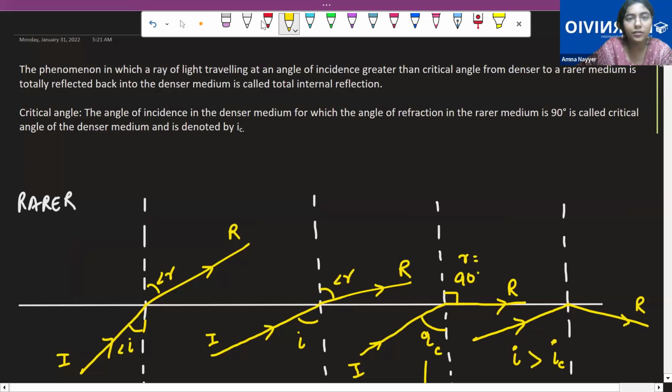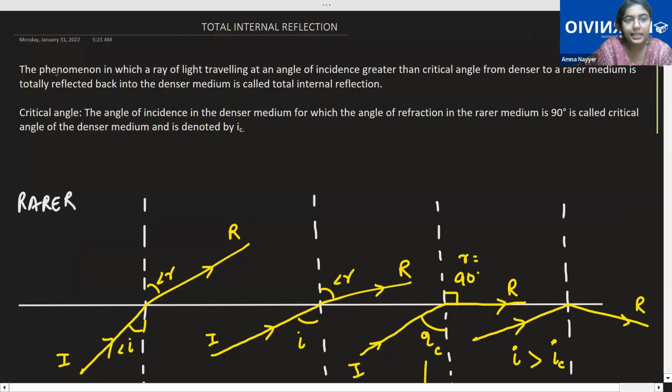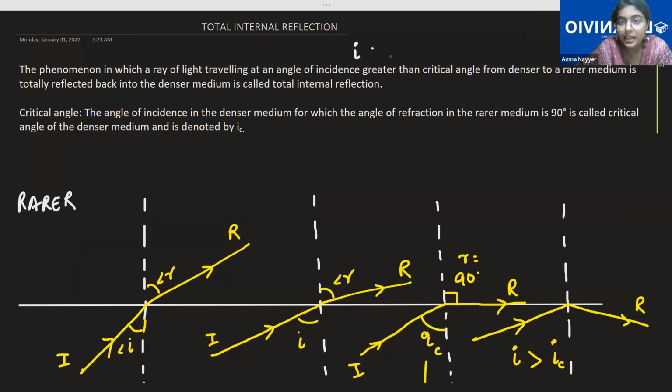Let me discuss the definition with you. See, the phenomenon in which a ray of light traveling at an angle of incidence greater than the critical angle, written as IC or also as capital C, from denser to rarer medium is totally reflected back into the denser medium, is called total internal reflection, that is TIR.